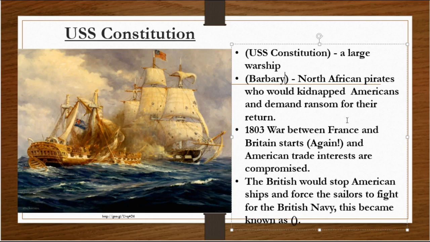So what the British were doing that was hurting American trade interests, and the French were doing this too, but the British more so, is that the British would stop American ships, they would take their cargo, and they would force the sailors to fight for the British Navy. The vocab word for this is called impressment. They would impress the American sailors, I should say, into fighting for the British Navy.